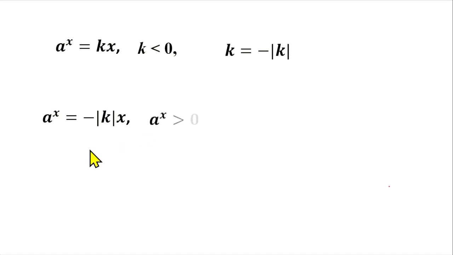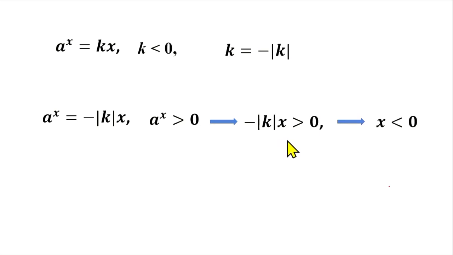Then we mention that the left-hand side of the equation is positive. For this reason, the right-hand side is also positive, and from here we conclude that x should be negative. Next, we introduce a new variable z given by this equation, and because x is negative, z is positive.